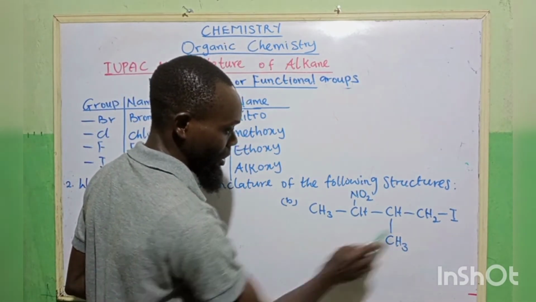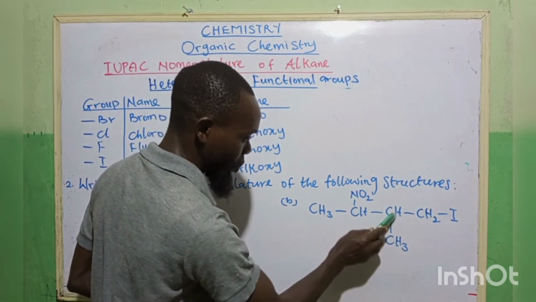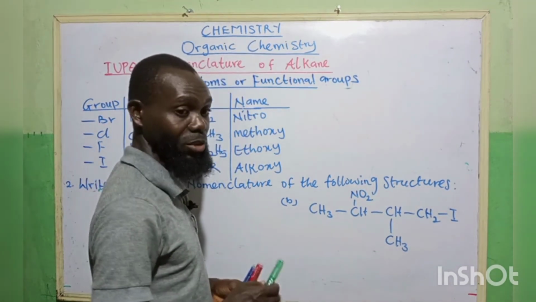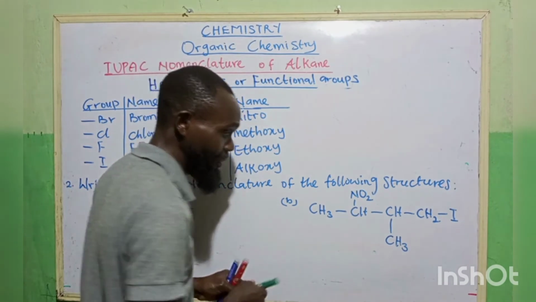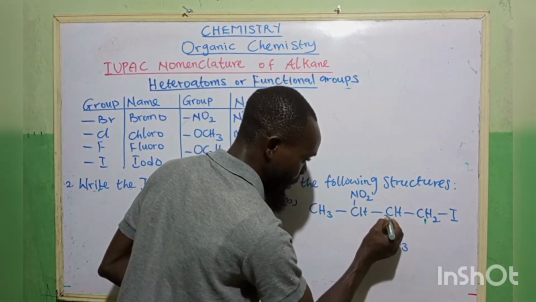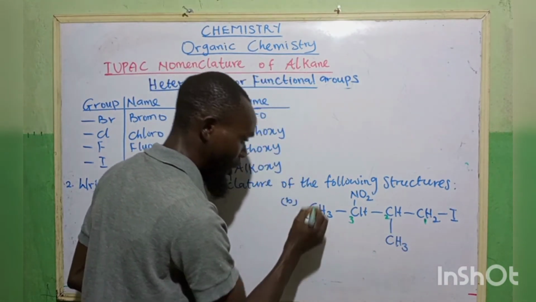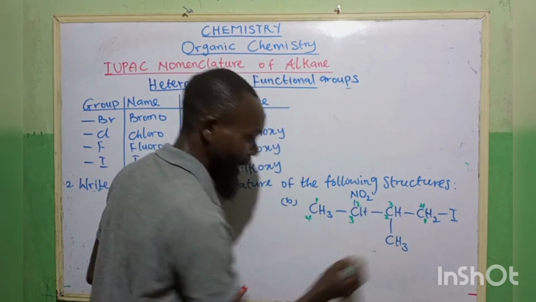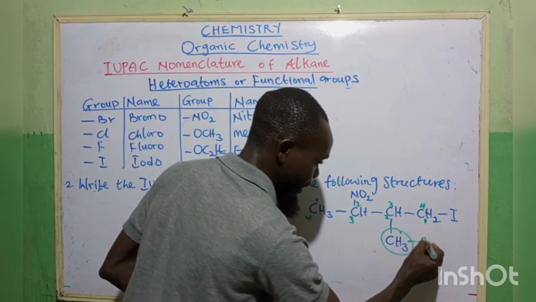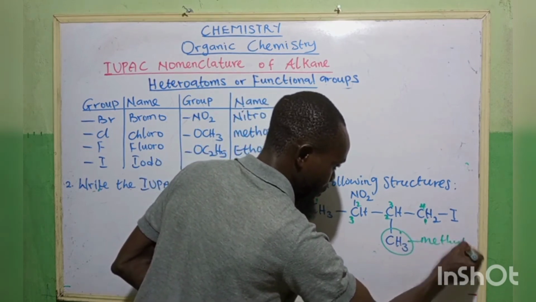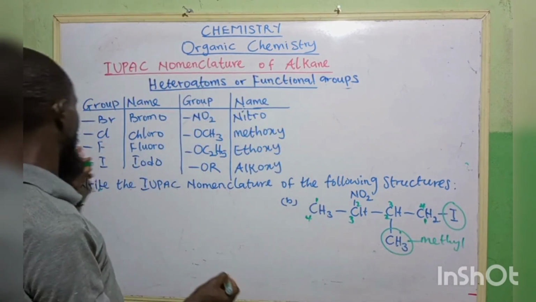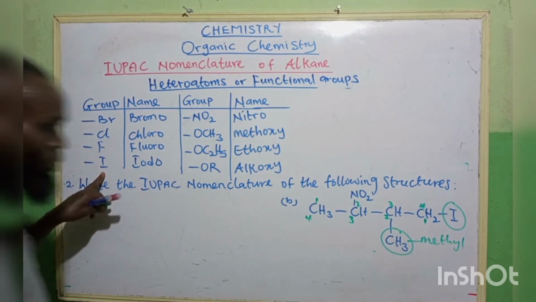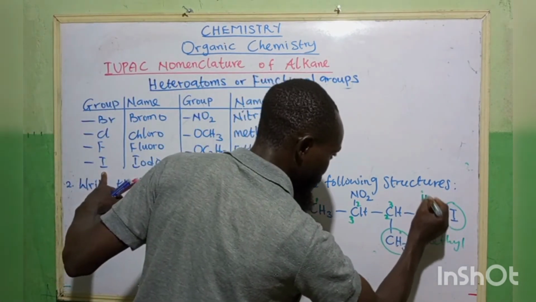The next one, you want to name this. The longest carbon chain length: 1, 2, 3, 4. 1, 2, 3. 1, 2, 3, 4. 4 is the longest carbon chain length. So let us label it 1, 2, 3, 4, or 1, 2, 3, 4. So I did not count this. That is methyl. We didn't count this. I is iodo. Iodo.